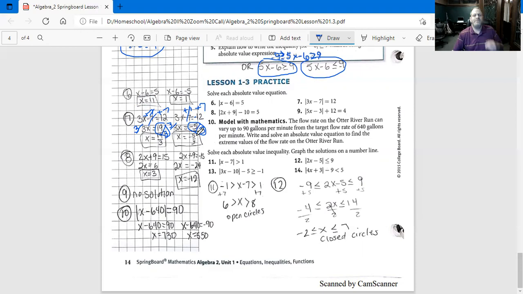All right, number 8. Let's get rid of that negative 10 by doing the positive 10 to both sides. Okay, cancel. All right, and so down here you can see on number 8, we have 2x plus 9 equals 15, because this 10 and 5 equals to 15.